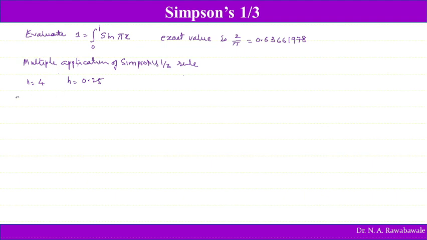Now x naught value is equal to 0. At that time f of x naught, if you substitute x is equal to 0, sine 0 is 0.